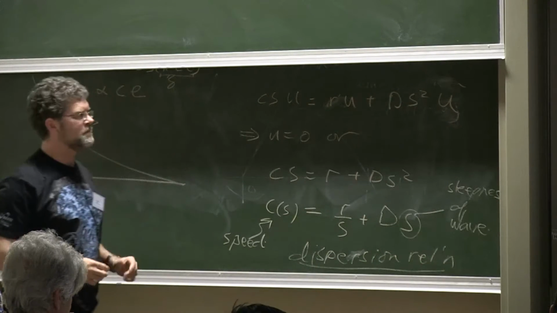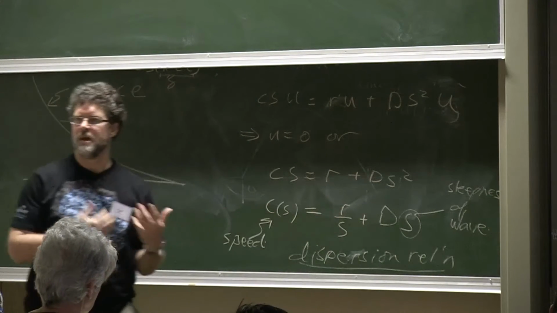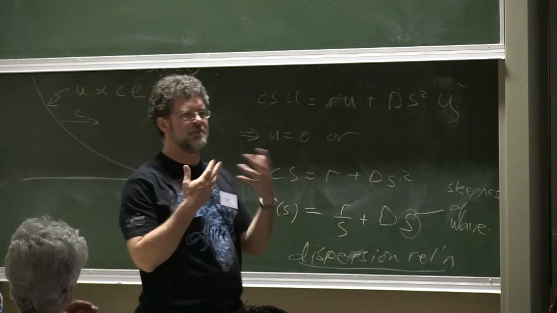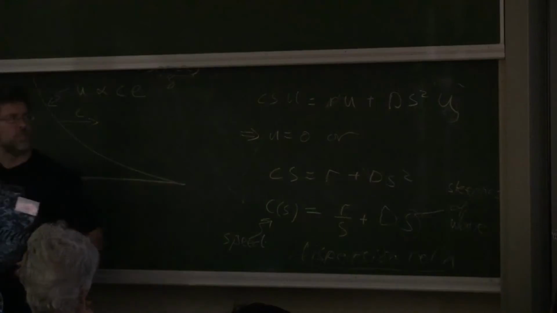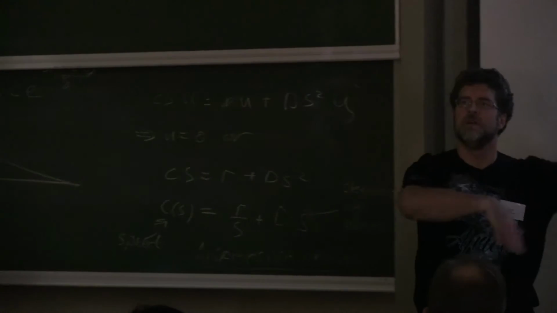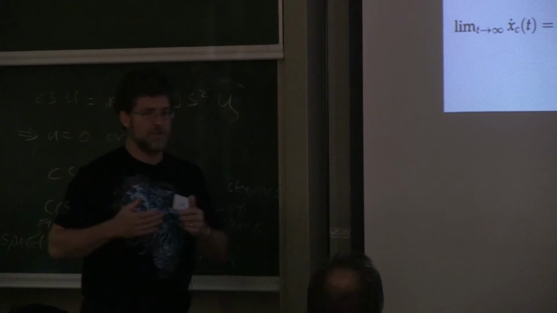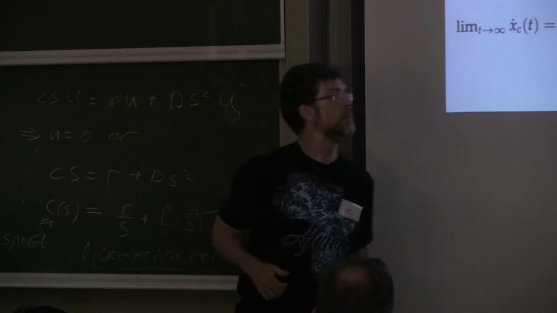The idea of relating the speed of a wave to something about the wave really comes from physics, where people were interested in how quickly waves would move as a function of their wavelength. Here we're interested in how quickly this population spreads as a function of the steepness of the wave.